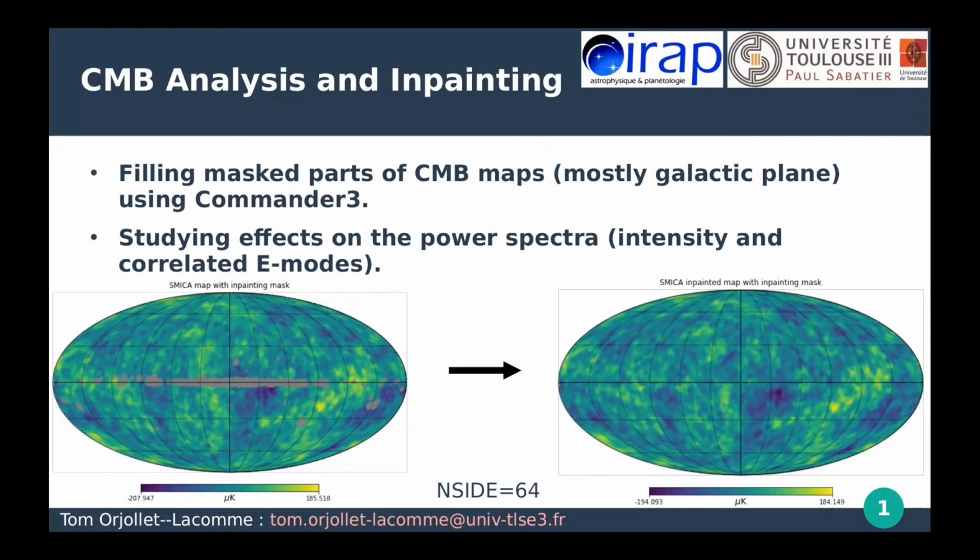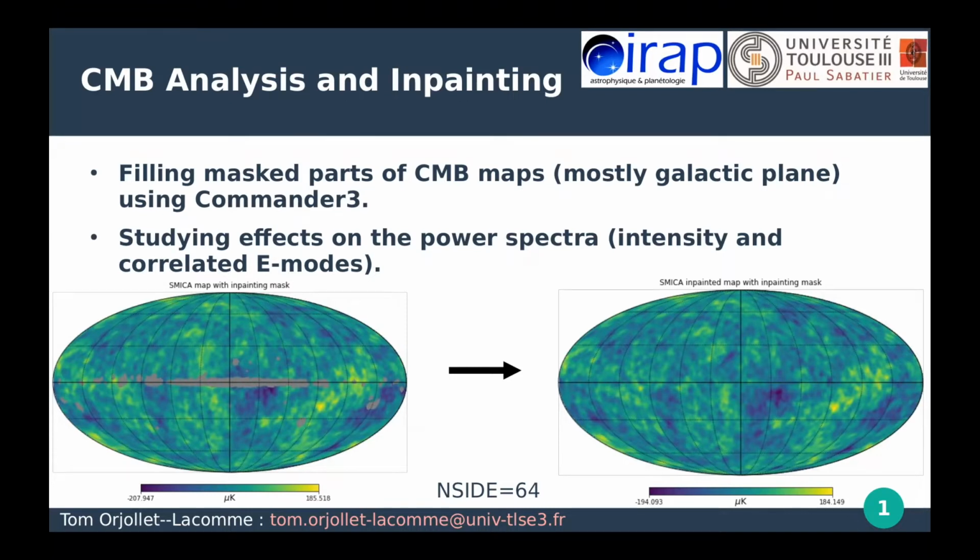So hi, everyone. I'm Tom. I'm an intern student in Toulouse, France, with Anthony Banday, and I'm working on the impact of inpainting of masked CMB maps on the CMB power spectrum. Inpainting, as a quick reminder, is how we call the process to fill the gap created by the mask on CMB maps.